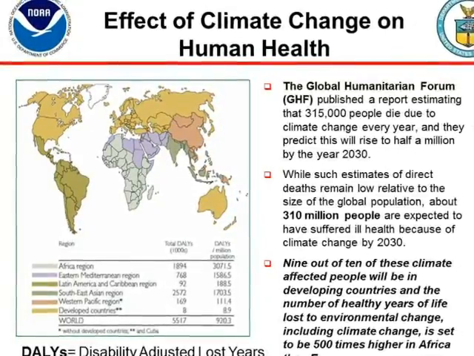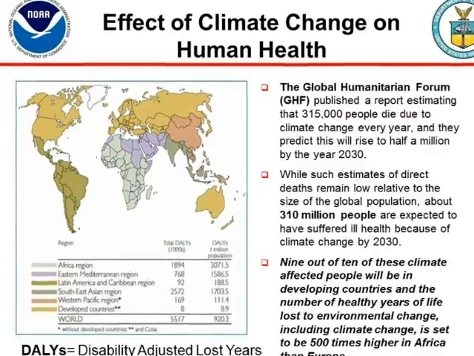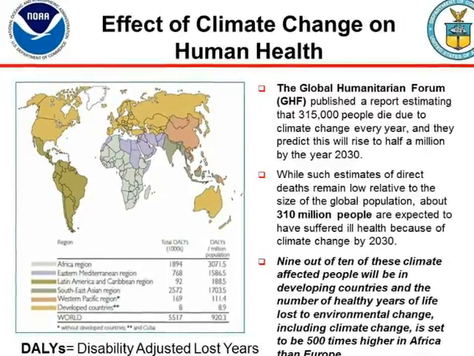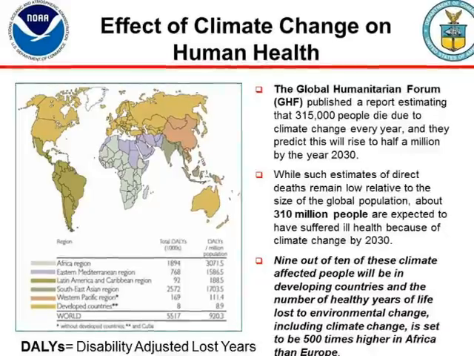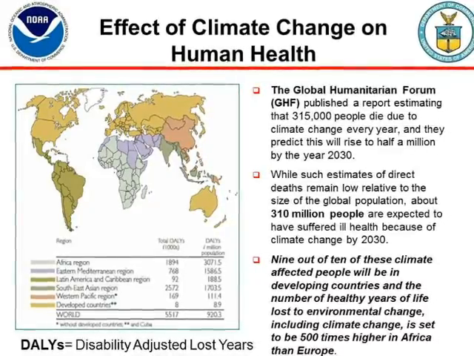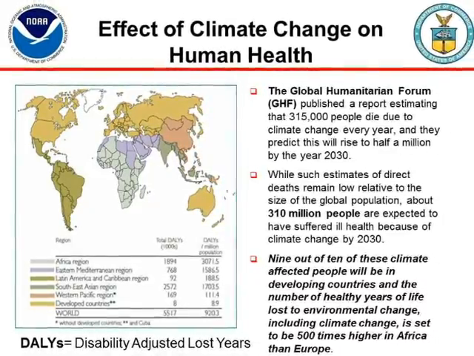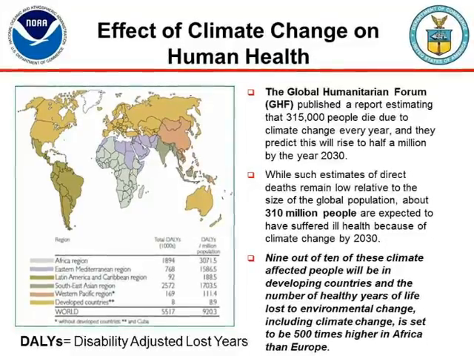So we really need to think of a global strategy of how we engage that part of the world so that we can help make those countries more climate resilient in the future.